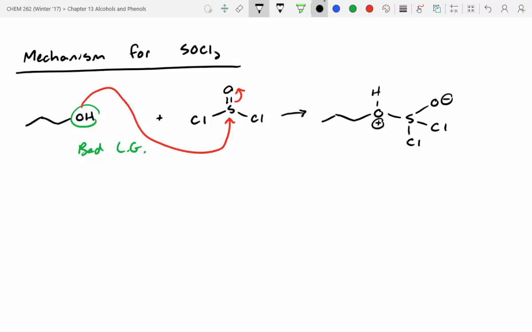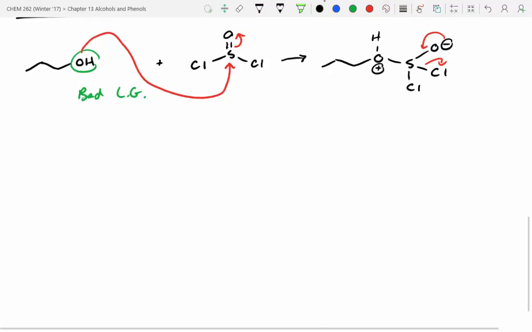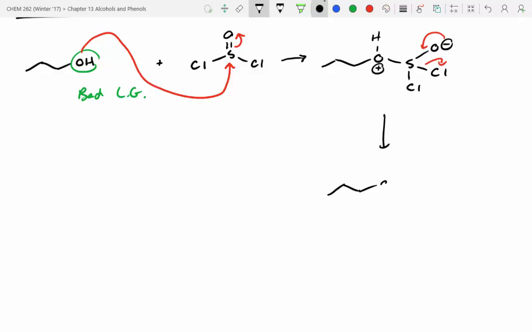All right. At this point, this intermediate is really, really unstable. This oxygen, however, will clamp down, and then it will kick off one of these chlorines that's attached onto it. That will reform that sulfur-oxygen double bond.